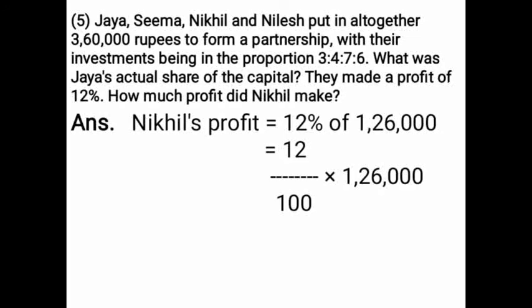Cancel the zeros on numerator and denominator, like this way. And then you have to multiply 1,260 into 12. I am multiplying 1,260 into 12.